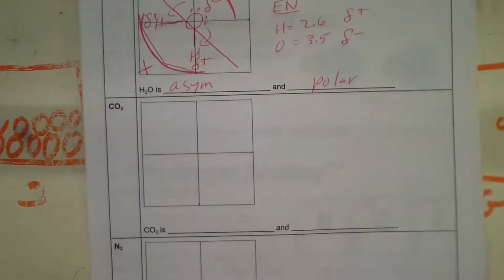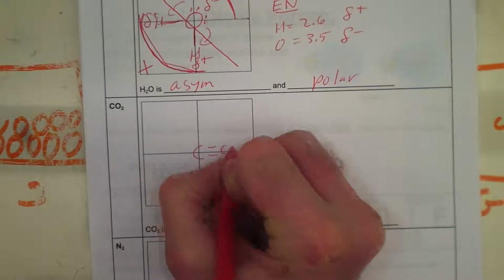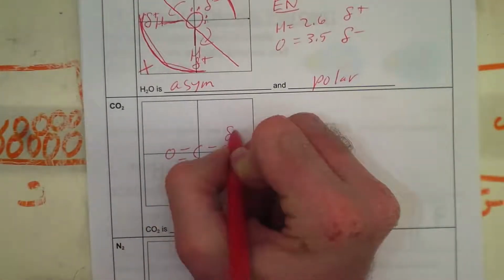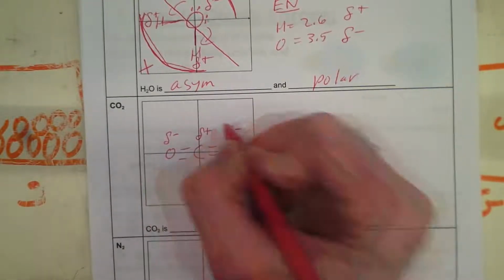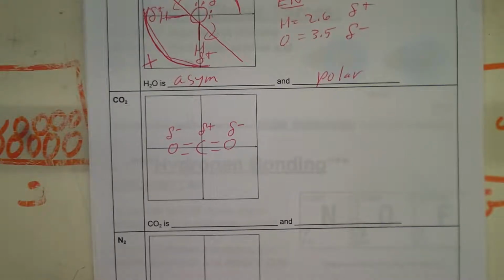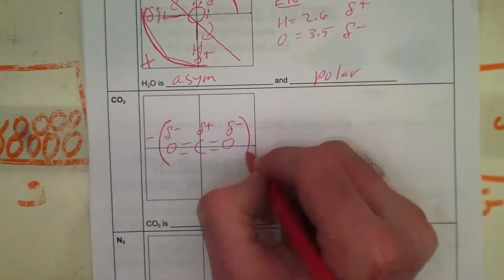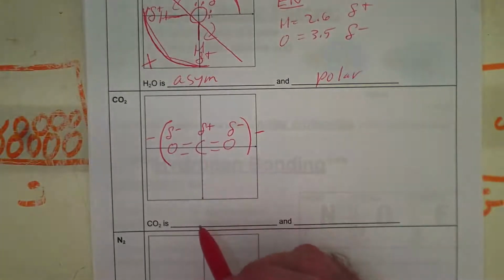All right, carbon dioxide, let's go a little faster here. Just a reminder that carbon dioxide is a carbon in the middle with two oxygens. The oxygen is slightly electronegative compared to the carbon, which is slightly electropositive. Is this a polar molecule? It's not a polar molecule. If you notice, we've got some negative on one side, and we've got some negative on the other side, equally surrounding a positive in the middle.